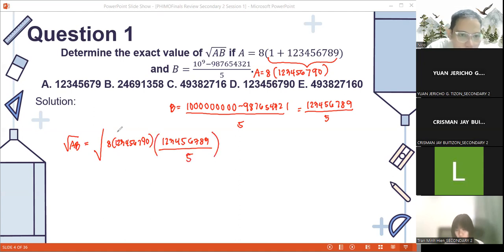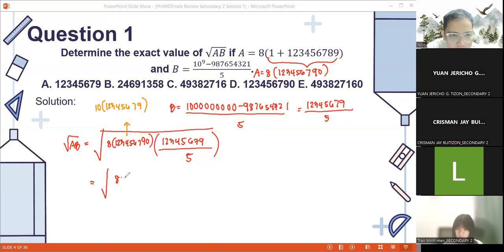If you notice, you can have 1,234,567,890 as 10 times 123,456,789. So we can rewrite this as the square root of 8 times 10 times 123,456,789 times 123,456,789 over 5, right?